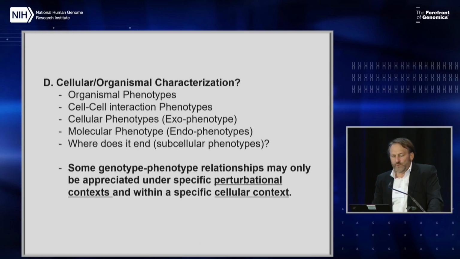The third point was understanding this layered gradation of compartments in which genomes play a role, going from better understanding of what we call endophenotypes, that is molecular level phenotypes within the cells, to cellular level phenotypes, which are more like exophenotypes. I think Michael made that point before.